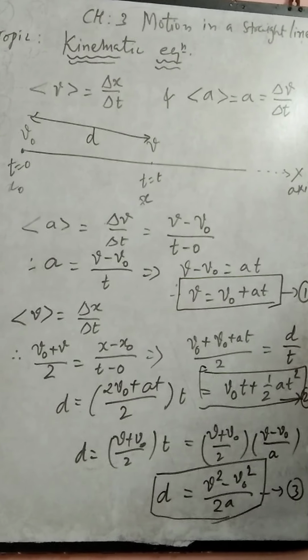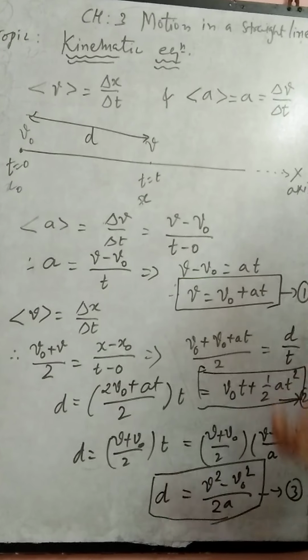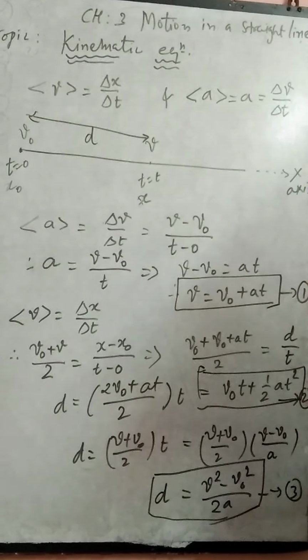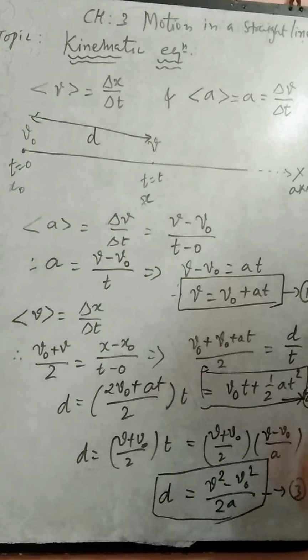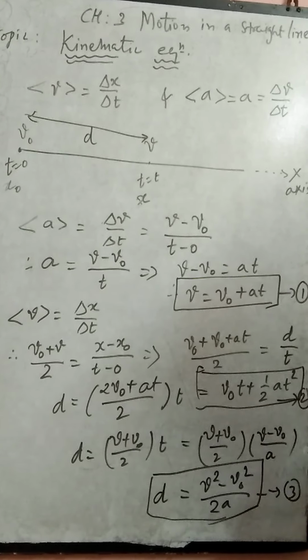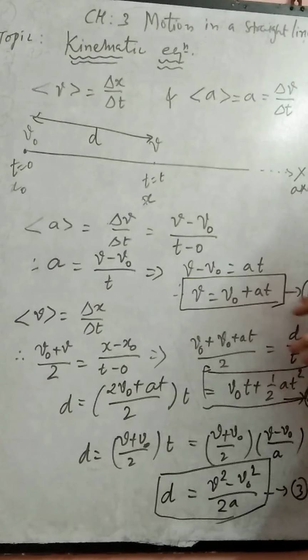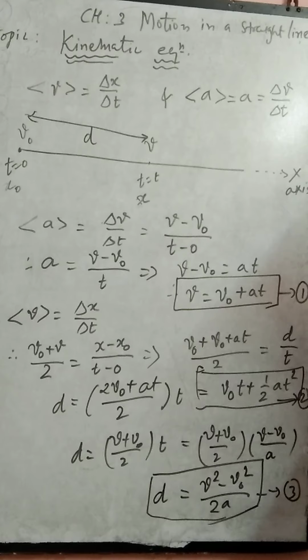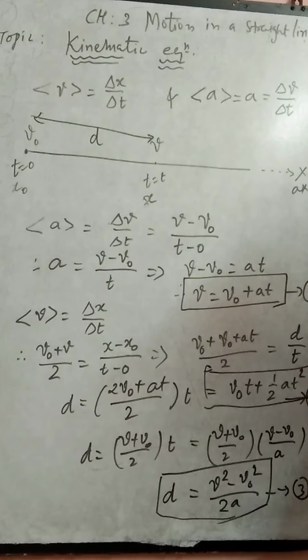This is the calculus method by which you can obtain the kinematic equations. Now we are going to talk about the graphical method to obtain the same three equations: v equal to v naught plus at, d equal to v naught t plus half at square, and d equal to v square minus v naught square upon 2a.